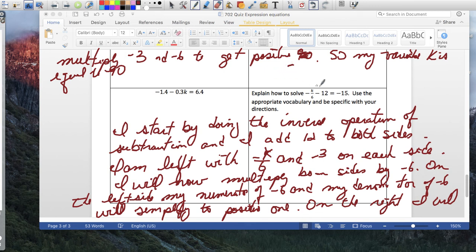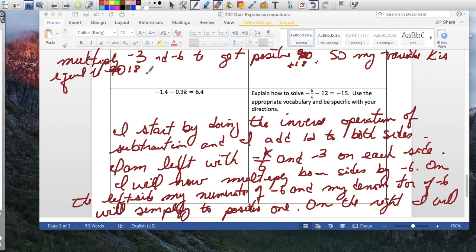Hang on a second. I got plus 12, I get negative 3. So I'm going to multiply negative 3 times negative 6, I get positive 18. Yeah, so I get positive 18. So my variable is equal to 18.